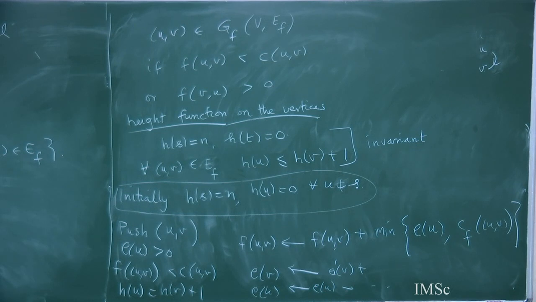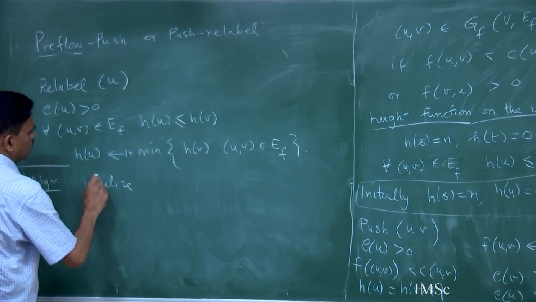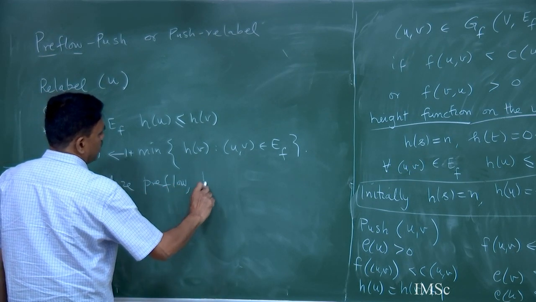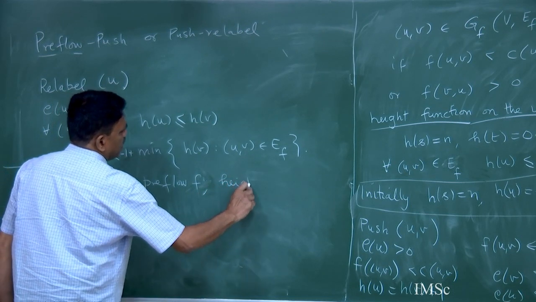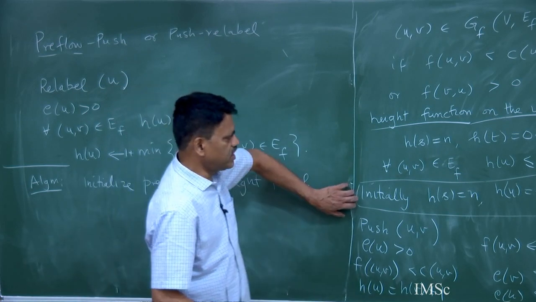So, now my algorithm is: initialize pre-flow f and height function h. I have told you what the initial height function is.